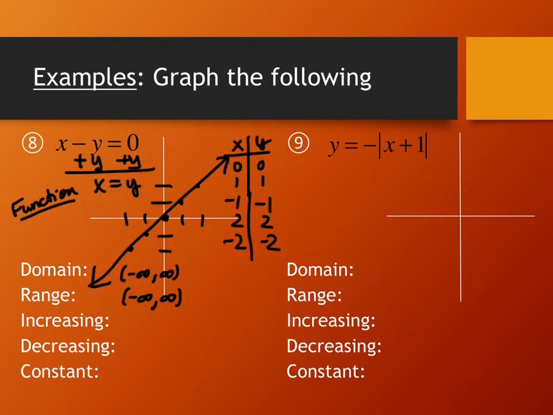How about increasing, decreasing, constant? Remember, we're looking from left to right, so be careful. Increasing, yeah, it's easy to switch those up in our minds, but we're moving from left to right, so this whole thing is increasing from negative infinity to infinity. It is not decreasing, and it is not constant.